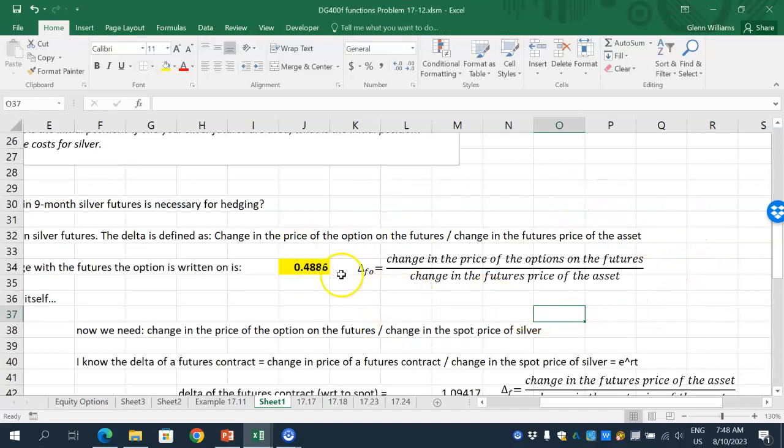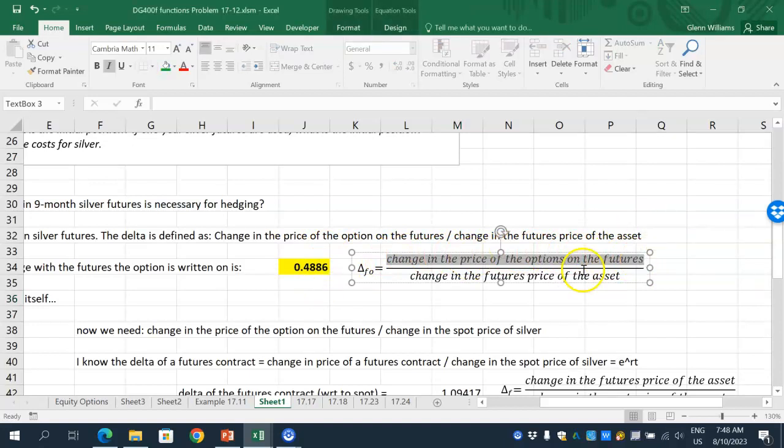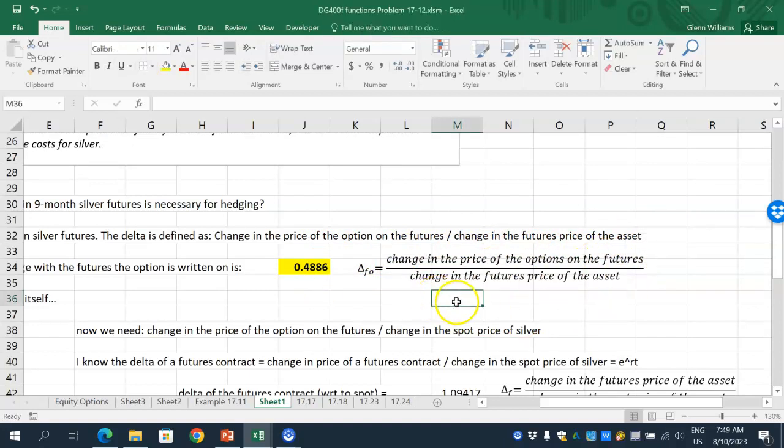So delta gives us this ratio right here. That's important to understand, because when they ask you the other questions, you've got to know what these are to figure out how to put these together. Again, that first one is the change in the price of the option on the future given a change in the futures price.